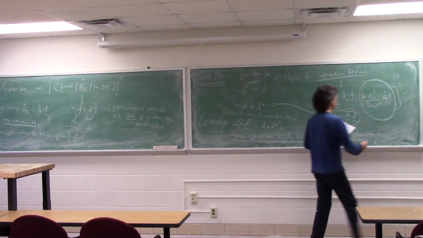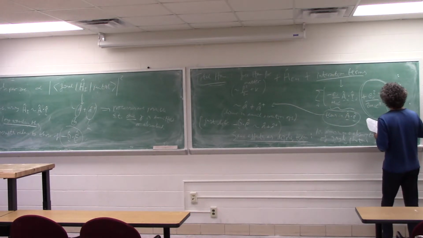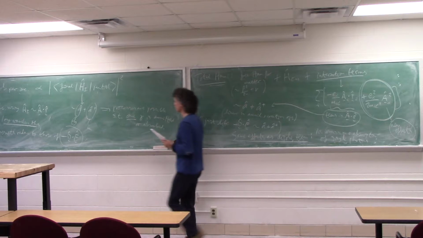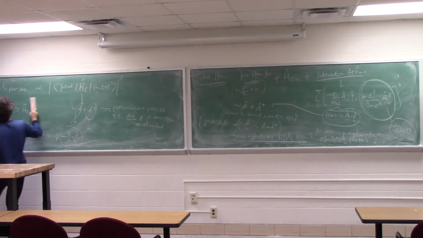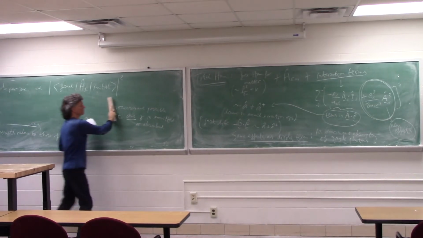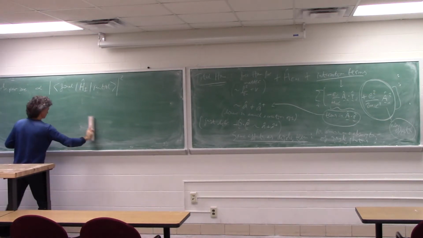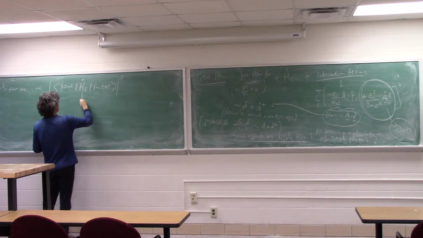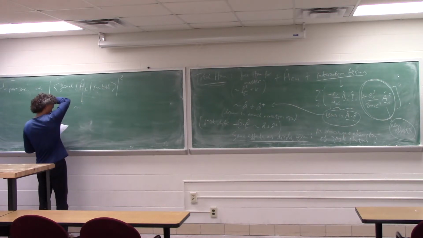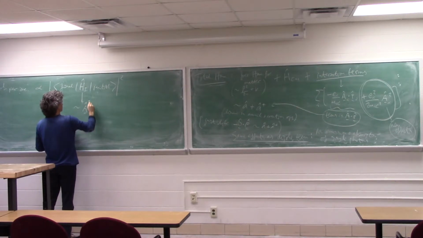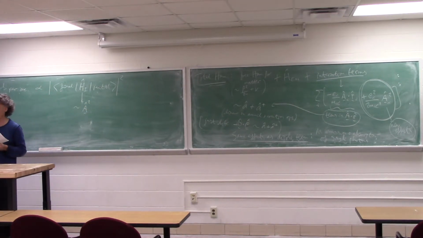So this gives us some new effects, and let's just have a look at what happens if my interaction term is proportional to a hat squared.